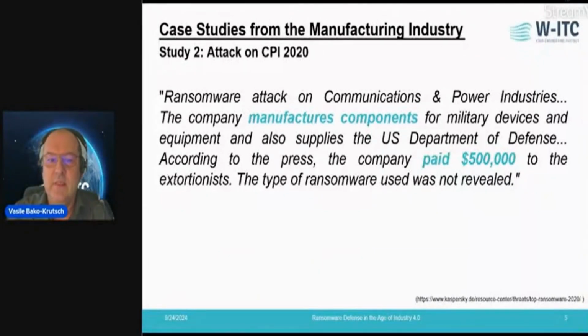I assume that this is the reason that the whole emergency case was not too well documented in the press. This company reportedly paid around $500,000 to the extortionist. They also did not publish what kind of ransomware was used, so this wasn't revealed.